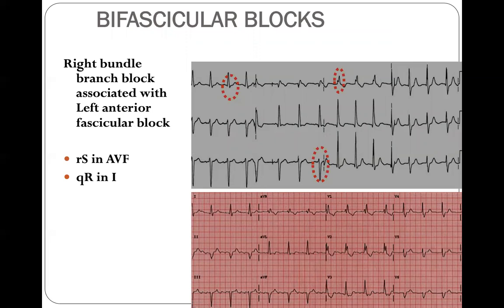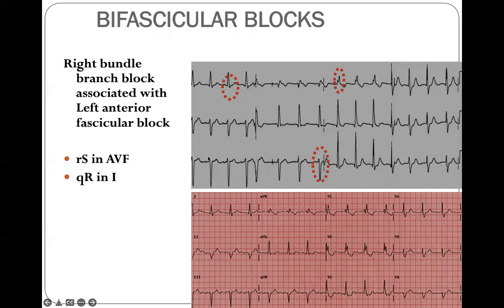Here you can find 2 fascicle blocks, what we call bifascicular block. In bifascicular block, the commonest form is the presence of a right bundle branch block. Here you can see an RSR prime, M shape in V1. So this is a right bundle, but also you can find a deep S in inferior leads 2, 3, and AVF, so left anterior fascicular block.